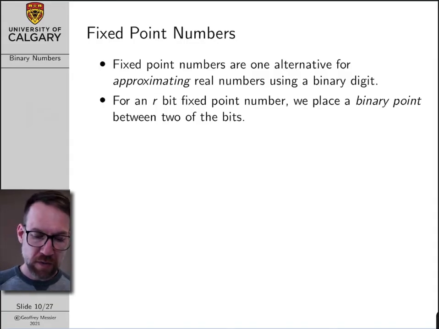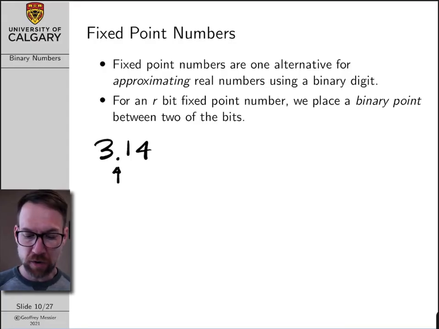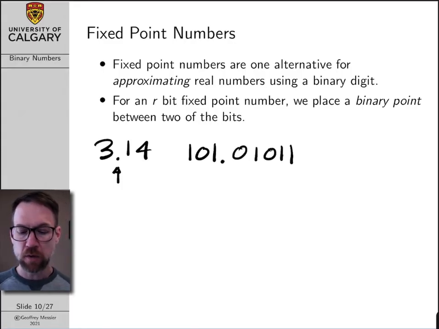So when I write the number 3.14, of course, we know that that little dot is what we refer to as the decimal point. When we're writing out fixed point numbers, I will write a number like 101.01011. And so this is conceptually how a fixed point number is written out.